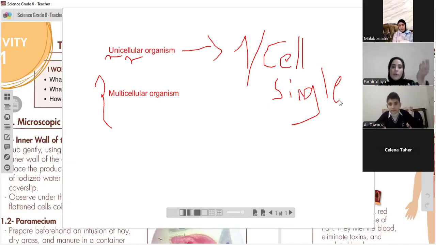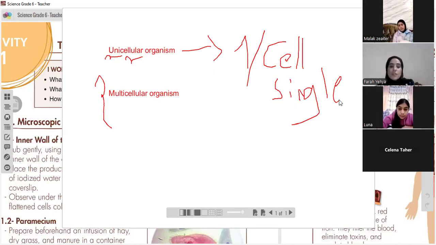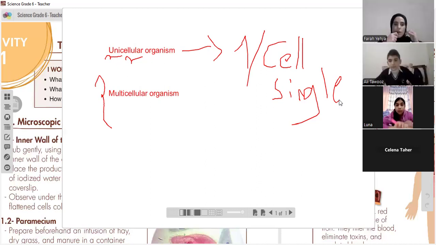Actually, do you remember the pulp of the banana, the green onion, and the cheek? We saw infinite numbers of cells, right? When we did the cheek, how many cells did you see under the microscope?